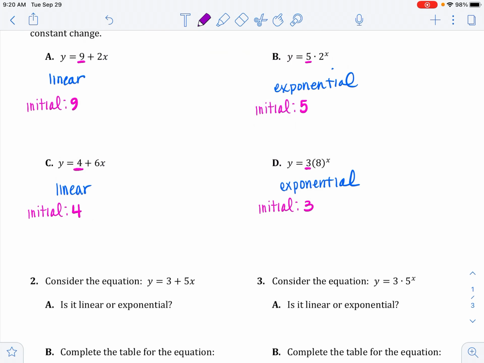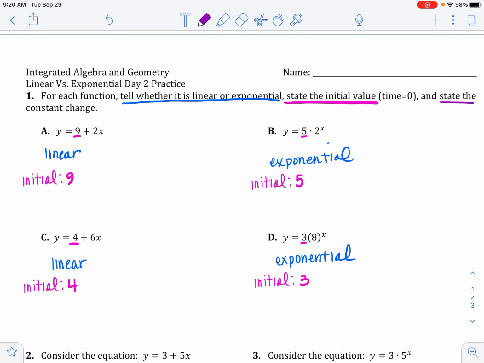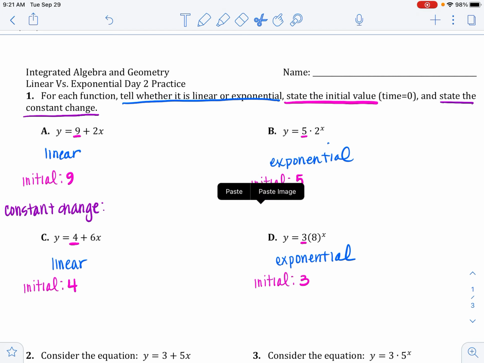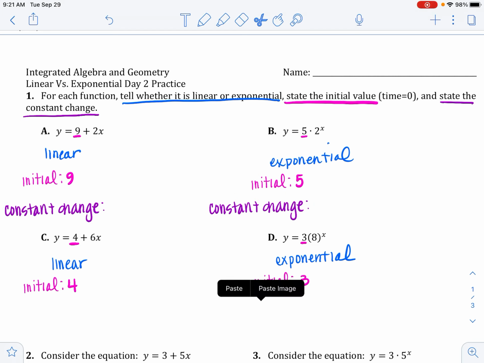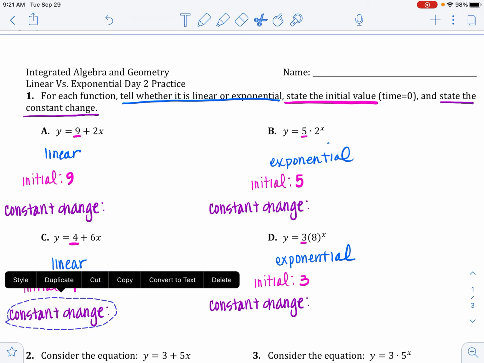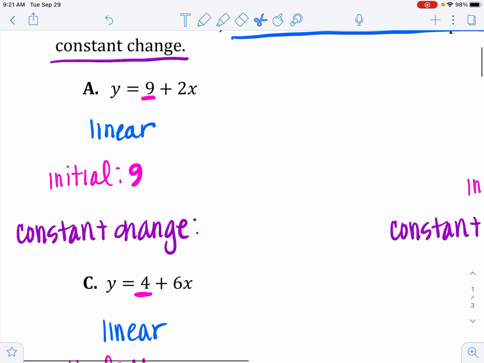All right, the last thing that they ask me for in this problem is to state the constant change. So now I'm going to write constant change. I'm going to go ahead and copy and paste this. Okay, so constant change in a linear equation is your m value.